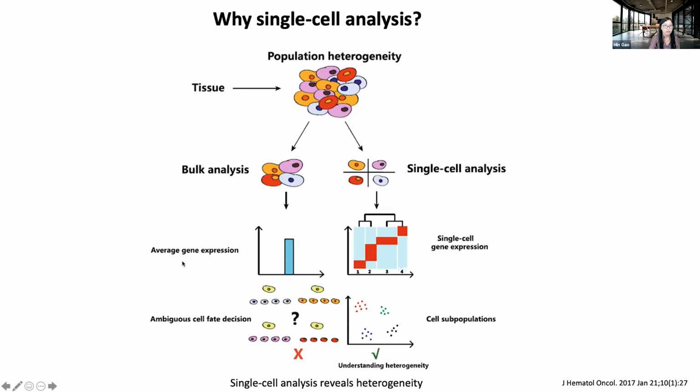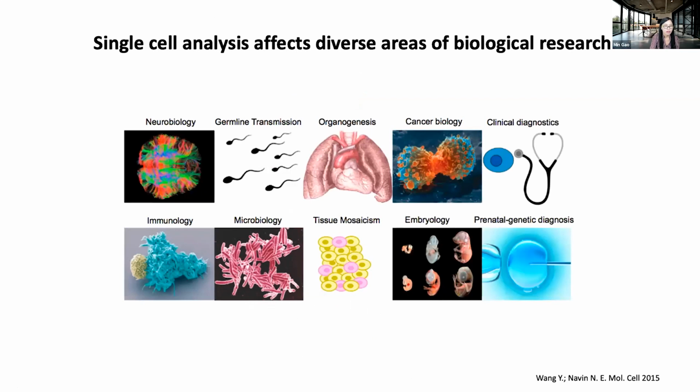We can only know the average gene expression of the samples, which may lead to ambiguous conclusions. But with single cell technology, we can know the expression of each cell and the different subsets, which can help us understand the population heterogeneity.